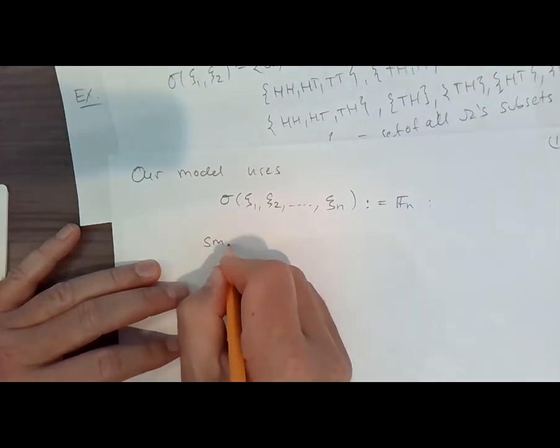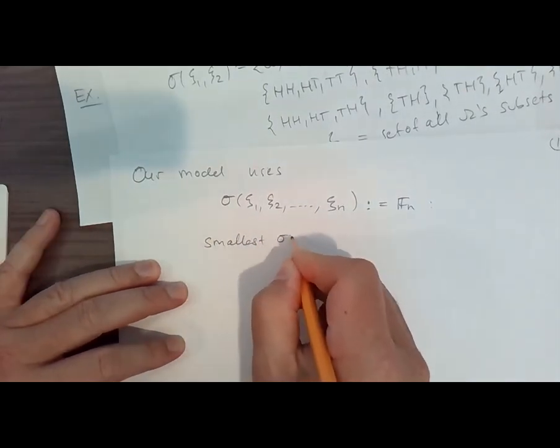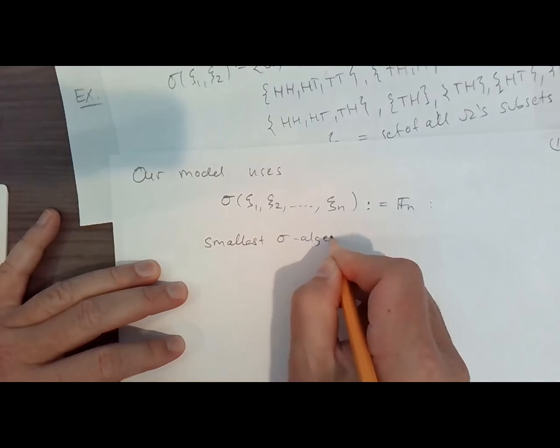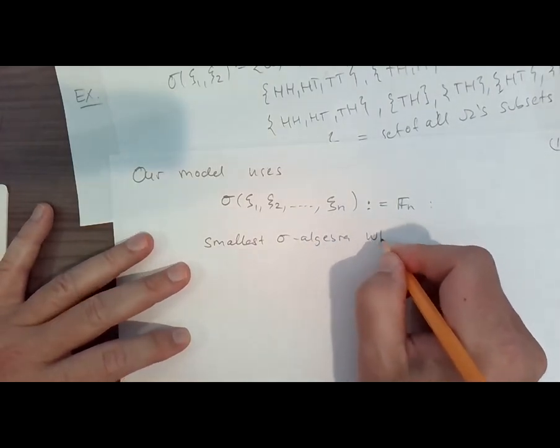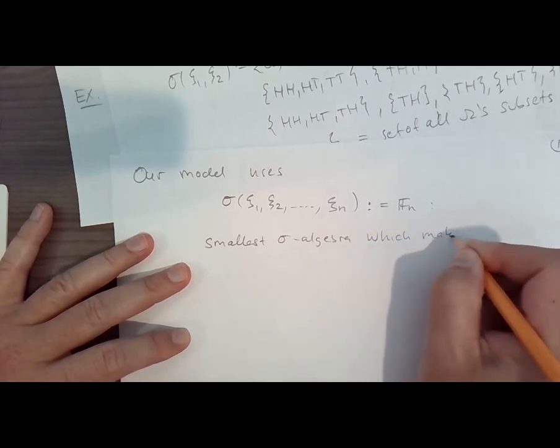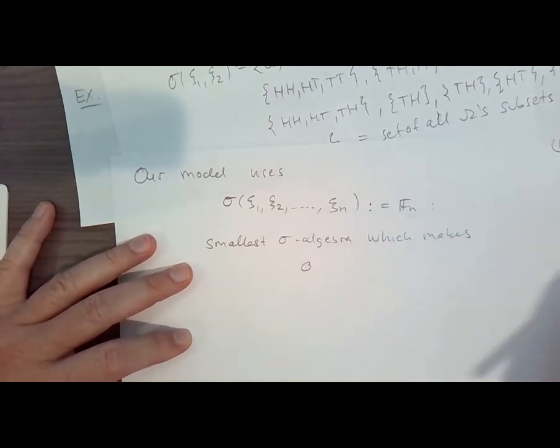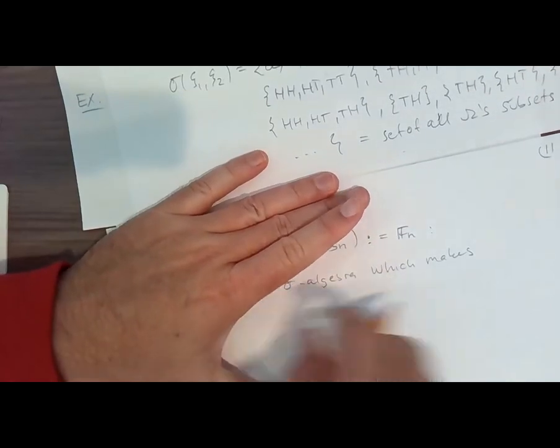This is the smallest sigma algebra which makes psi k measurable.